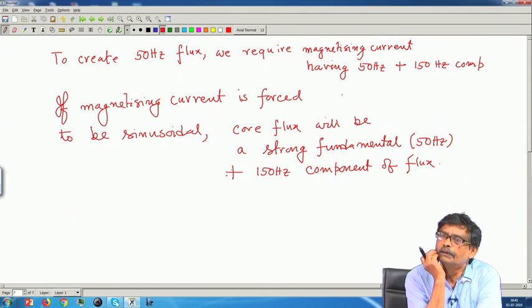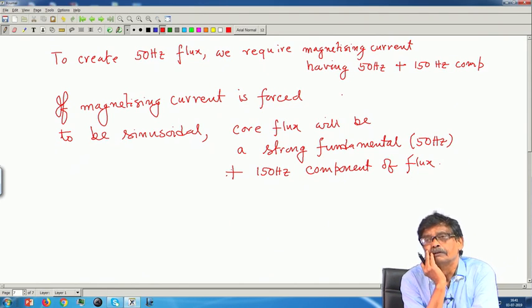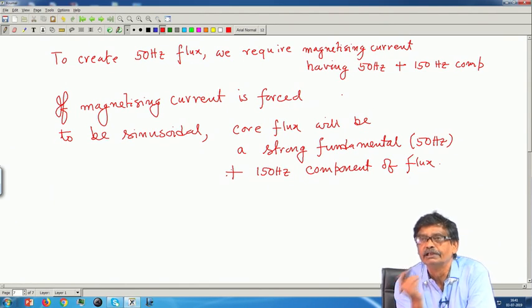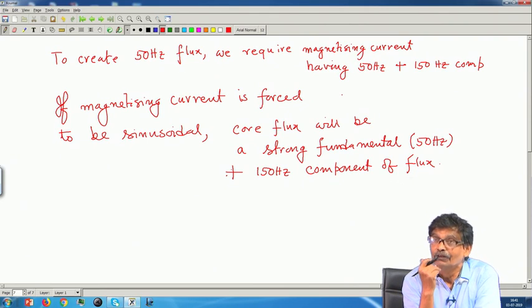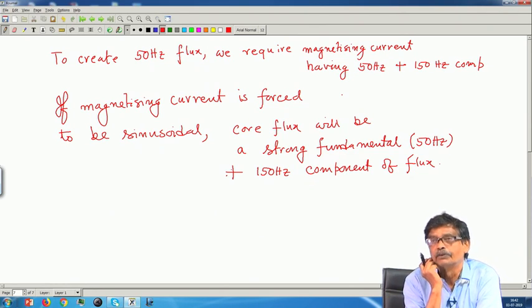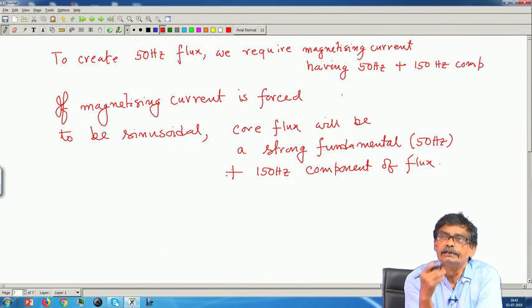The reverse way, if somebody says magnetizing current I will somehow manage to be 50 hertz one frequency, no distortion, then the core flux will be distorted and will have both 50 hertz and a predominant 150 hertz harmonic component. We will continue with this discussion in the light of transformer connections. Thank you.